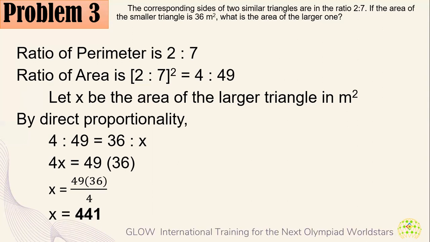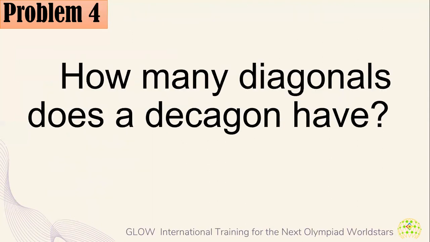Okay. So far, so good. Okay. Number 4. How many diagonals does a decagon have? When we speak about diagonals, these are segments that connect two non-consecutive vertices of a certain polygon.